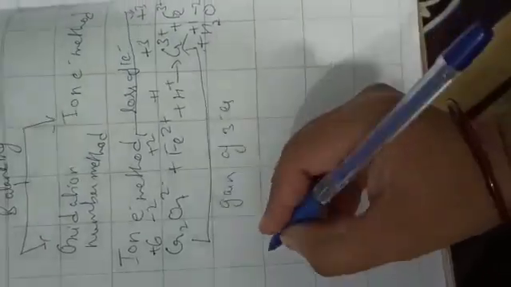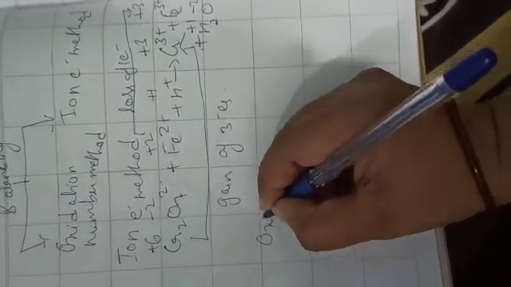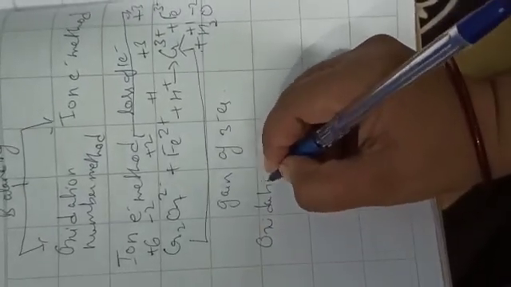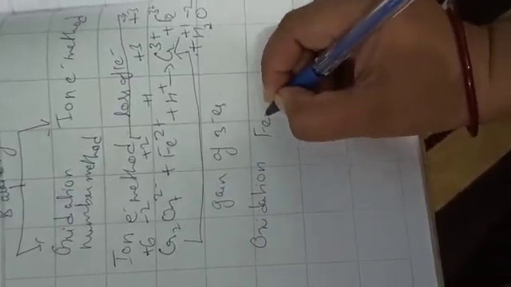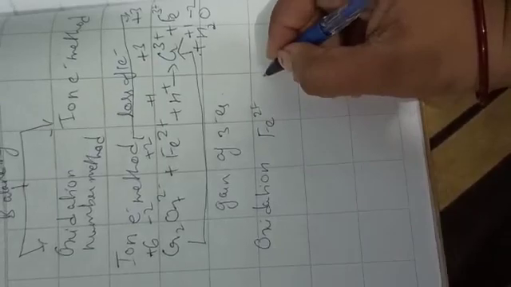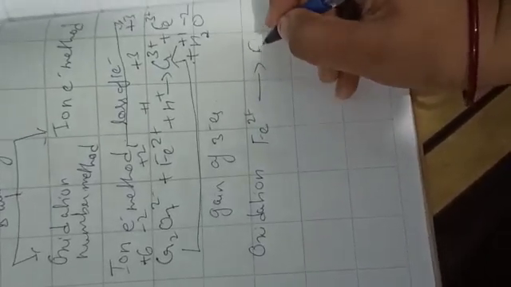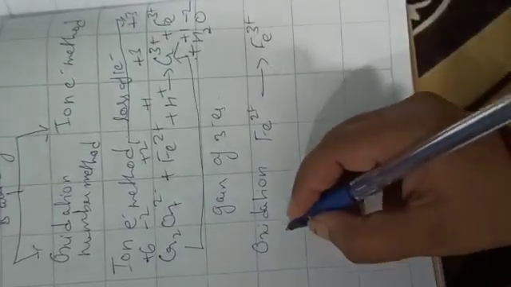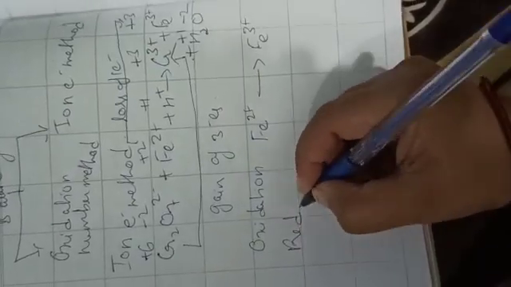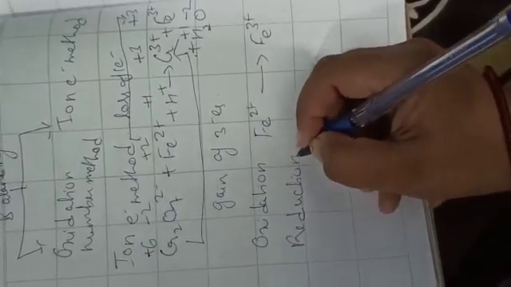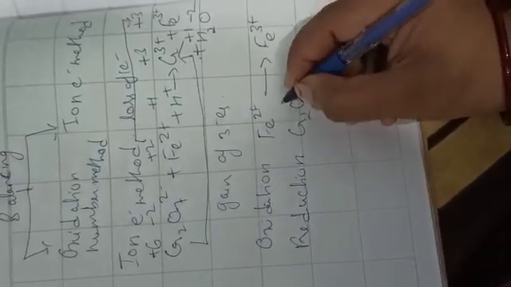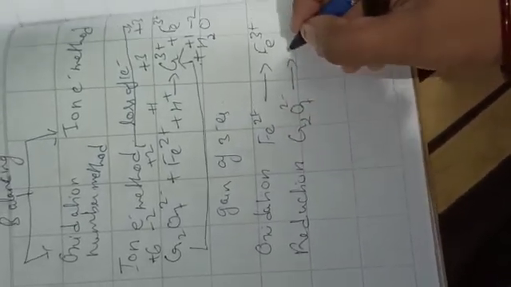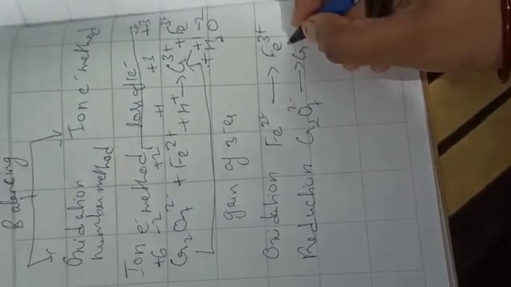So you can say that the oxidation is from Fe2 positive to Fe3 positive, and the reduction is from Cr2O7 2 negative to Cr3 positive.